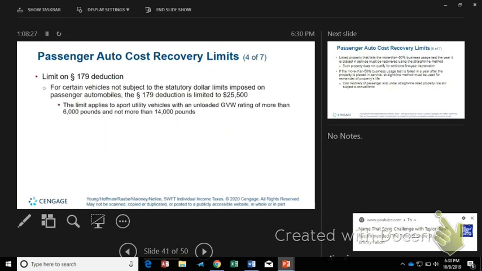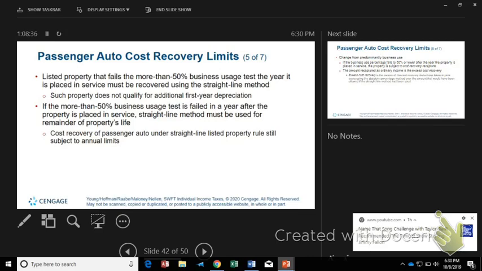Okay. All right. So anyway, those vehicles, the dollar amount imposed is a higher dollar amount, that's all. Okay. We went through that.